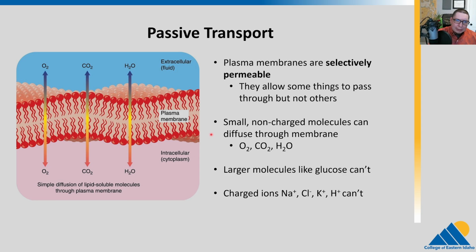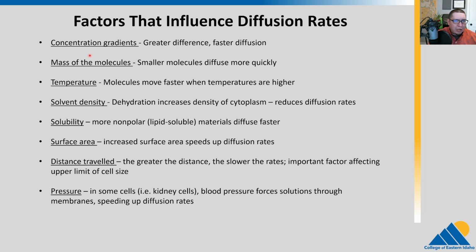All right, so what impacts how this stuff moves? Why will oxygen move in or out of the cell, or vice versa? Why will CO2 move in and out of the cell? Well, the biggest factor that influences the rate of diffusion, how fast diffusion across the membrane occurs, is the concentration gradient.